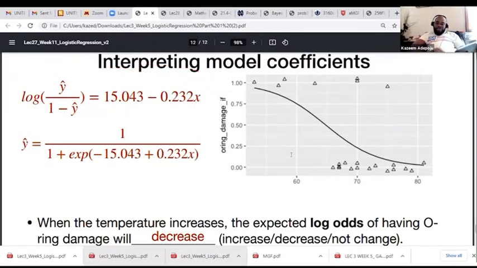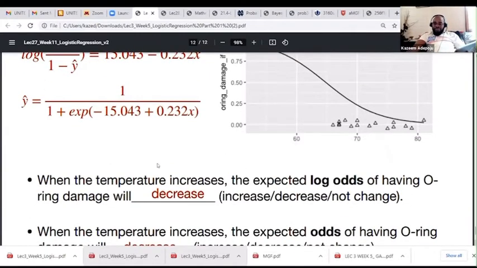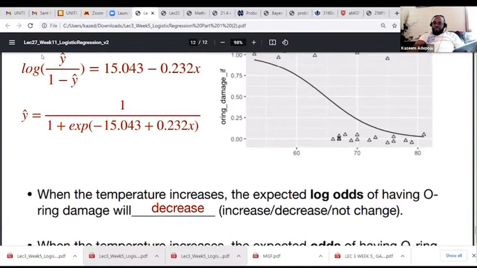Now take a look at the interpretation right here. When the temperature X increases, the expected log odds, look at what I said, expected log odds. When I say log odds, I'm trying to say the log of the ratio of this.